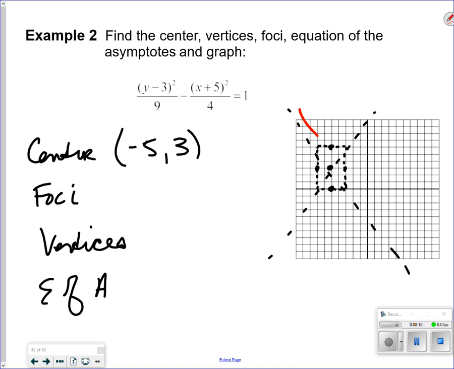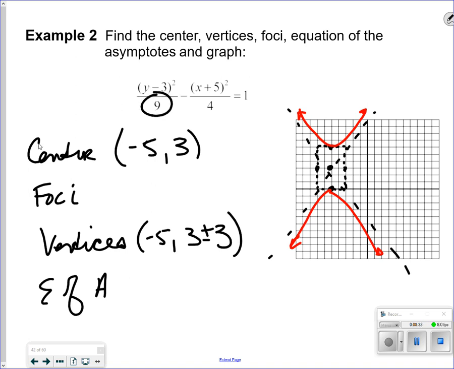Y comes first in the equation, so it touches the box, and those 2 points will be my vertex points. So when I do my vertices, I'm going to start off at -5, 3, and I'm going to add and subtract 3 because that comes first. Again, usually if I get integers, I go ahead and add and subtract. So I get -5, 6 and -5, 0 are my 2 vertices.